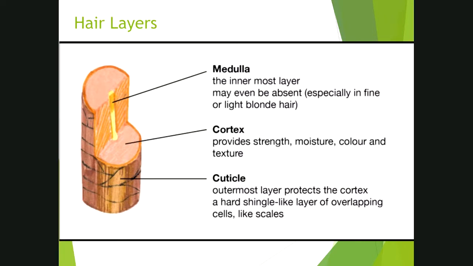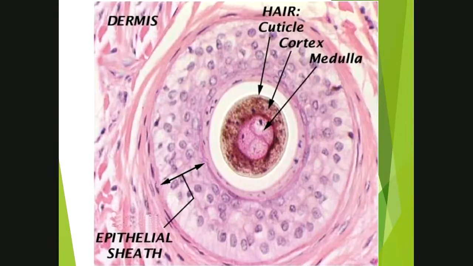So here is a picture of the hair. So this is the hair right here. So there's our medulla. Again, look, few cells, sparse. It could even be air. There's the cortex, and that's where we're going to see the color of the hair. And its cells are much, much denser. There are lots of cells here. And then this little thin area right here is the cuticle.